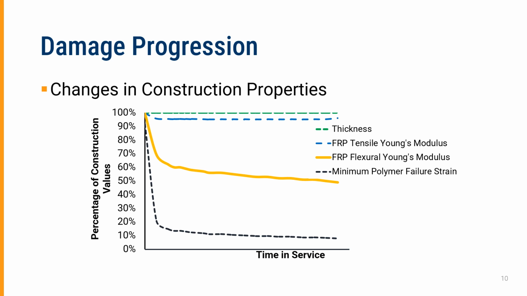And this is not a universal number. What I'm showing you here is the 5th percentile of data that has been accumulated for fairly benign chemicals, for example, water, dirty water in particular, like basically groundwater. If you're storing that or you're exposing FRP to that, you may actually see minimal change in the polymer failure strain.